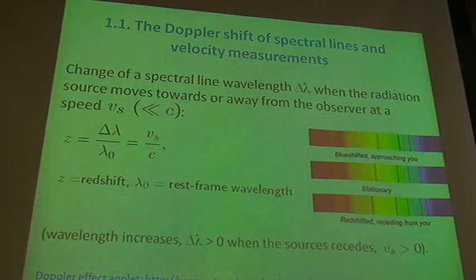So, the main method to measure velocities in astrophysical environments is the Doppler shift of spectral lines.